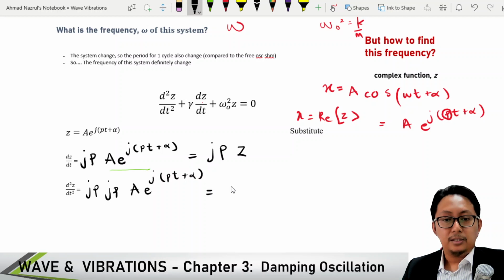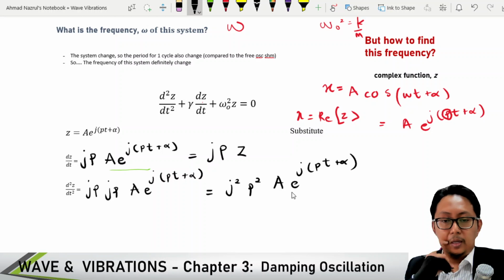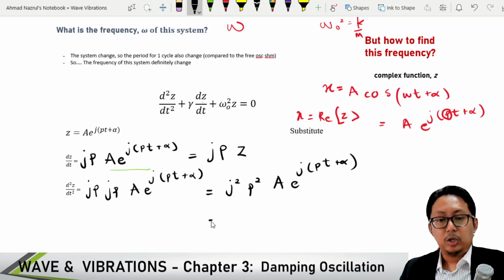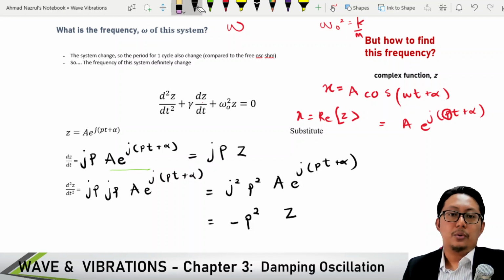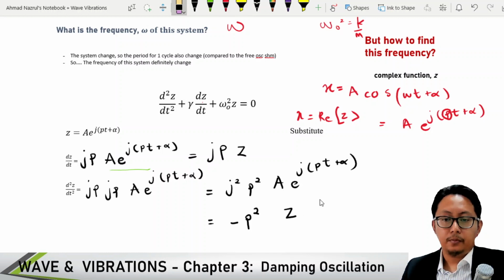So we have j squared p squared A exponential j(pt plus alpha), and j squared is equal to minus 1. So we have minus p squared z. Now we have this equation.